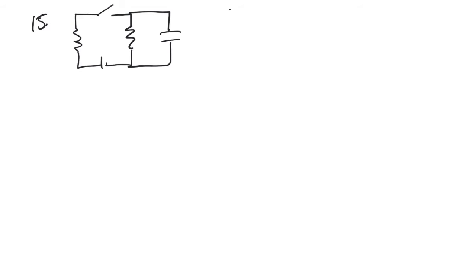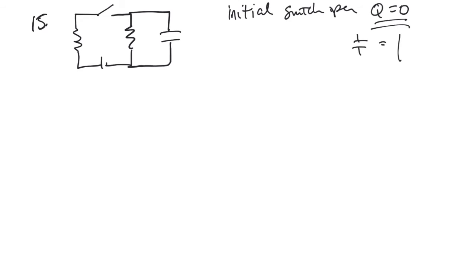So for 15, the initial situation has the switch open and the capacitor is uncharged, okay? Remember that when the capacitor is uncharged, that means that the capacitor will look like a wire. So why don't I redraw that? When we close the switch, then that just makes that a wire.